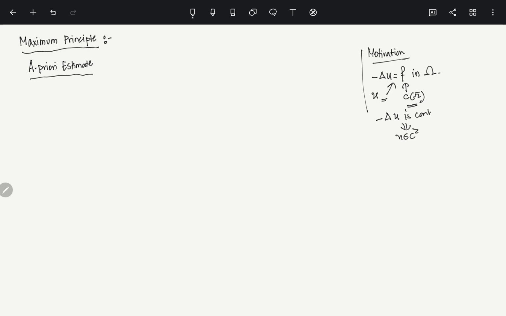So whenever you have a solution, it has to be C2. You do not need to know whether there is a solution or not; if there is a solution, it has to be C2. This is one requirement of the solution.